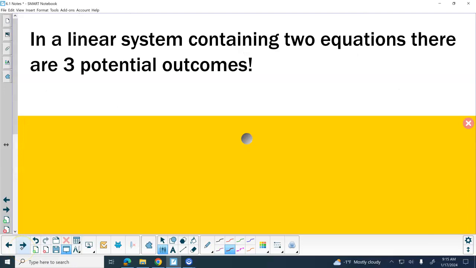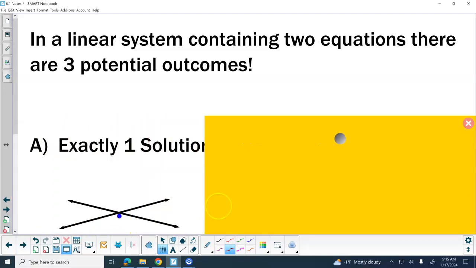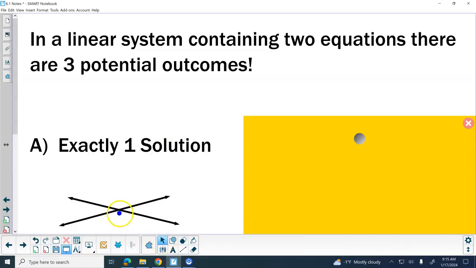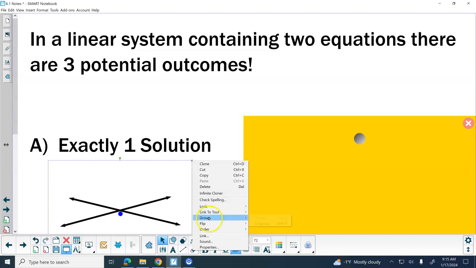This next slide says that when we're going to put 2 lines on the same plane, same coordinate system, okay, there's 3 possible outcomes. Okay? The first potential outcome is we can get exactly one solution. Oh, my dot didn't line up with my dot. What the heck? That just is not right.